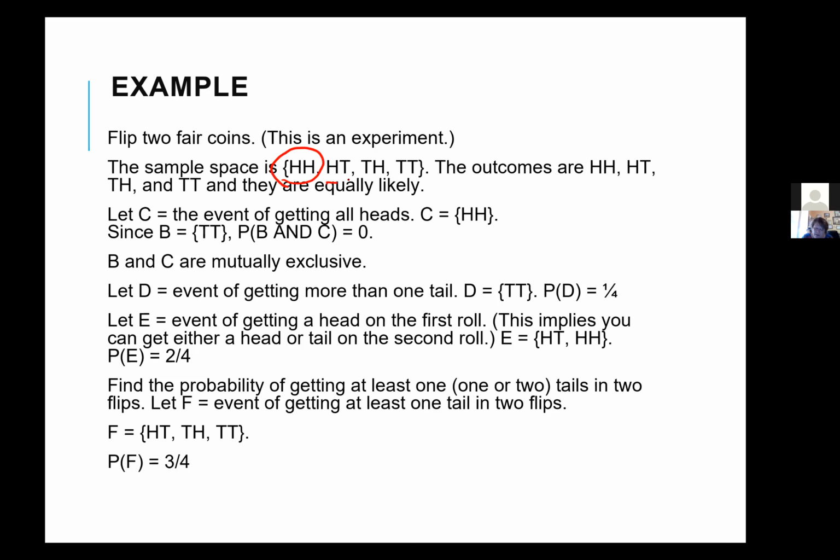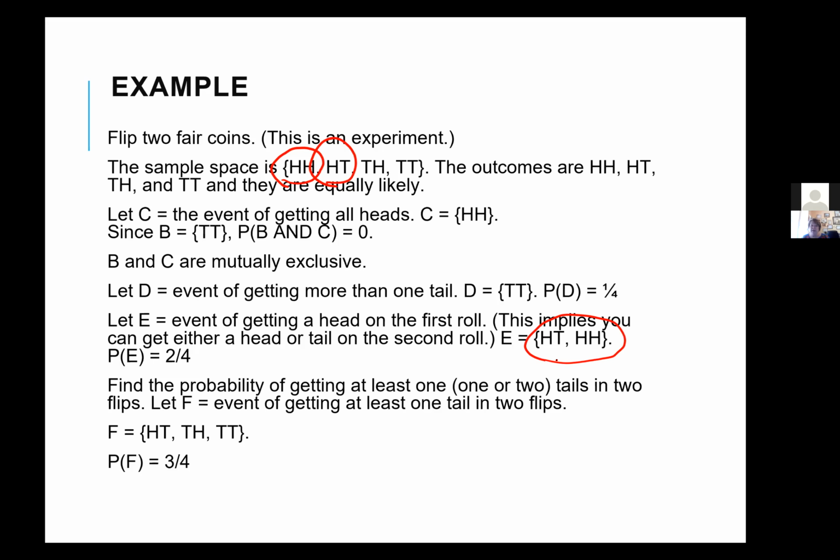Well, this one and this one: head-head and head-tail. So the probability of event E, getting a head on the first flip of my coin, would be 2 out of 4.